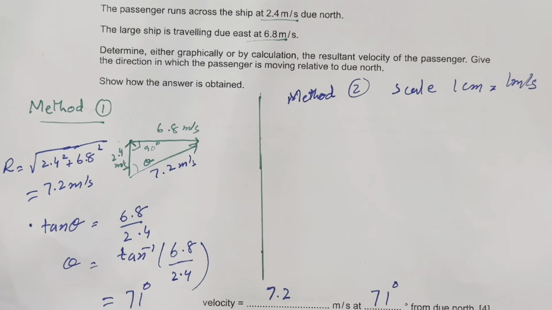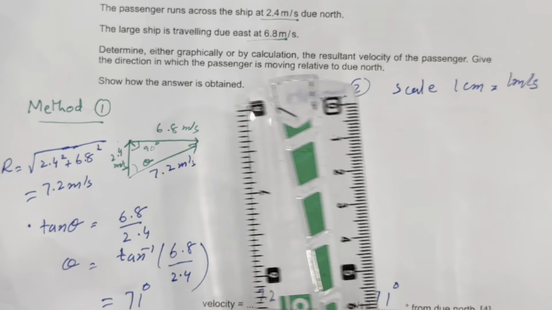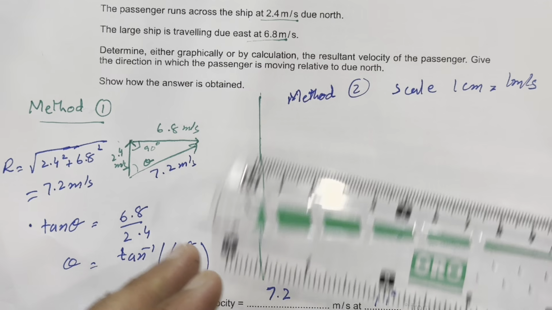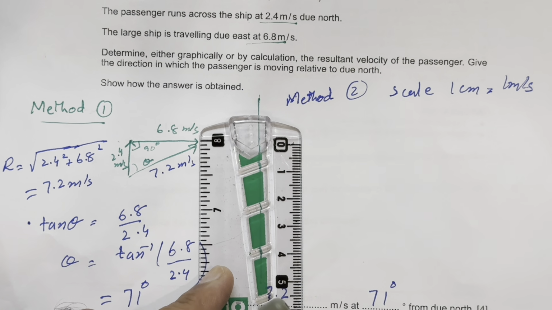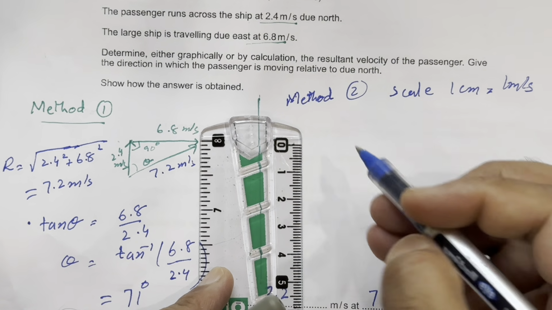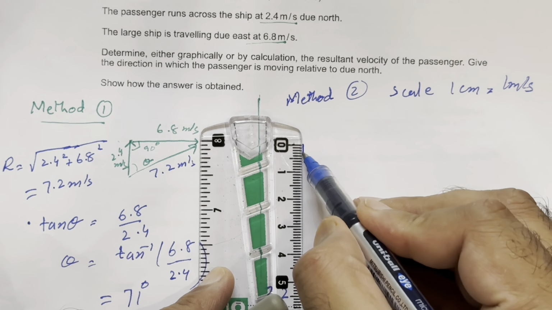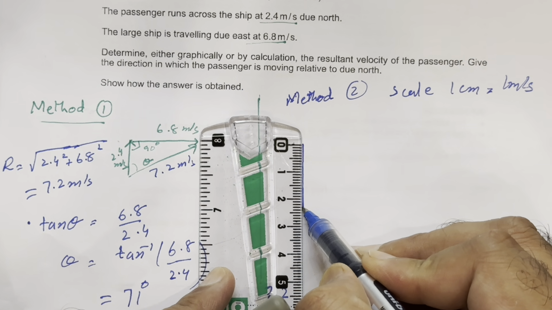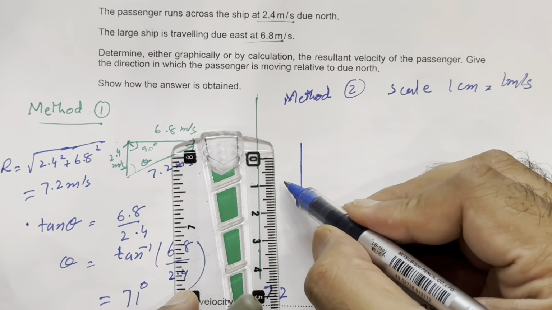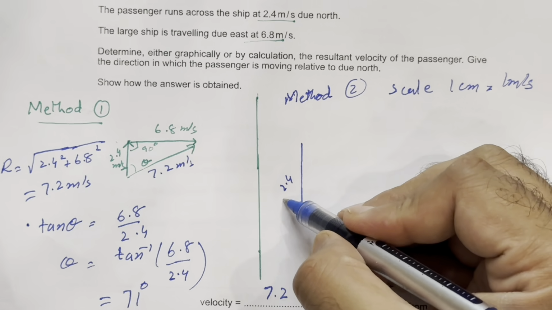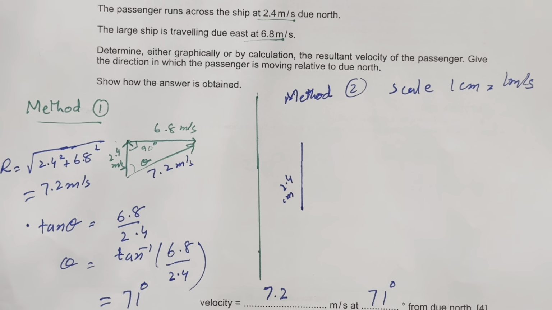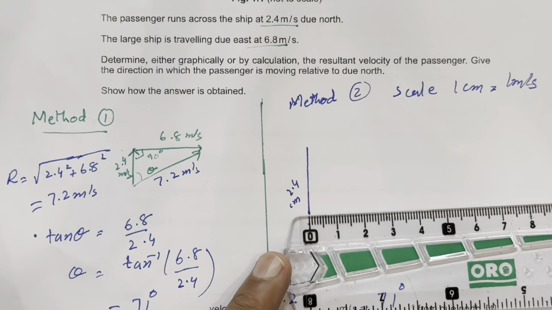So I'm going to make a line of 2.4 centimeter, that is due north. This is 2.4. Now I'm going to put 6.8 centimeter due east.